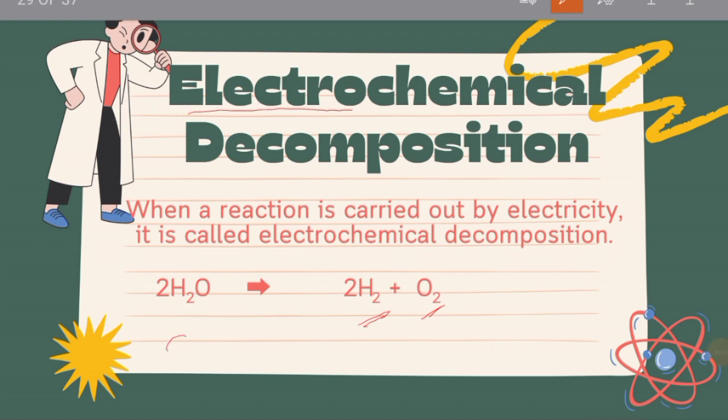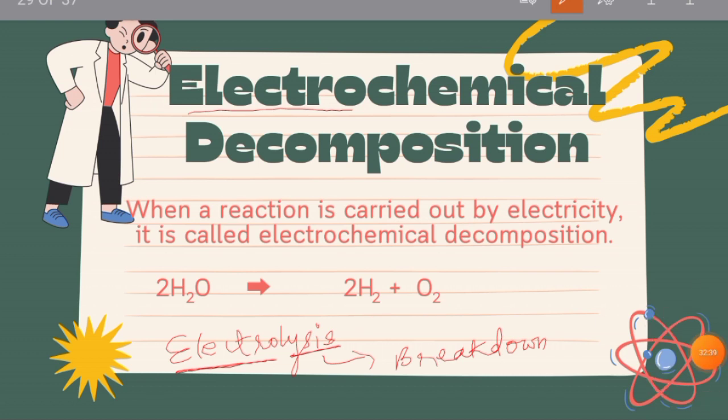You will learn electrolysis in the further chapters also. Electro means electricity and lysis means breakdown. So breakdown of something in the presence of electricity is electrolysis. Here the water molecule is breaking down in the presence of electricity to give hydrogen and oxygen. This is electrolysis of water.